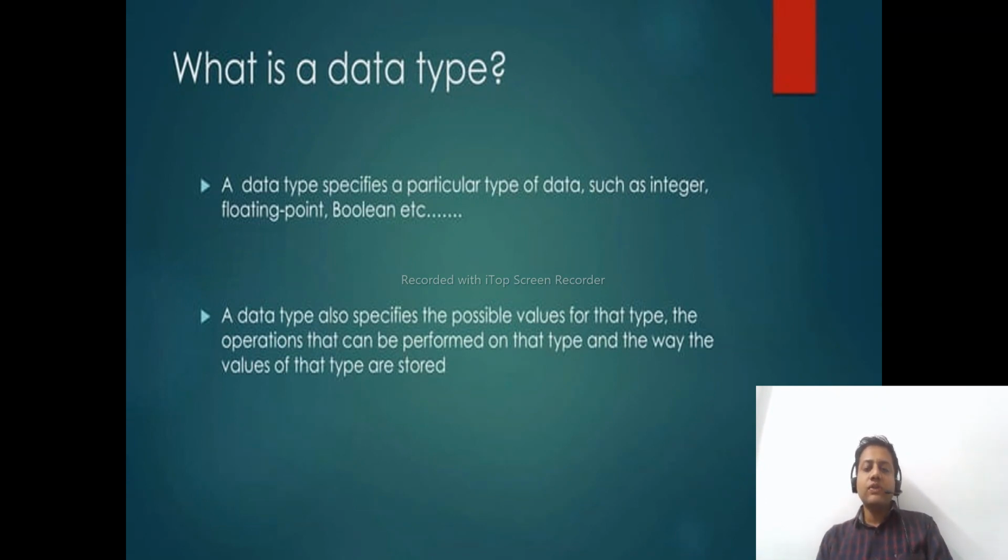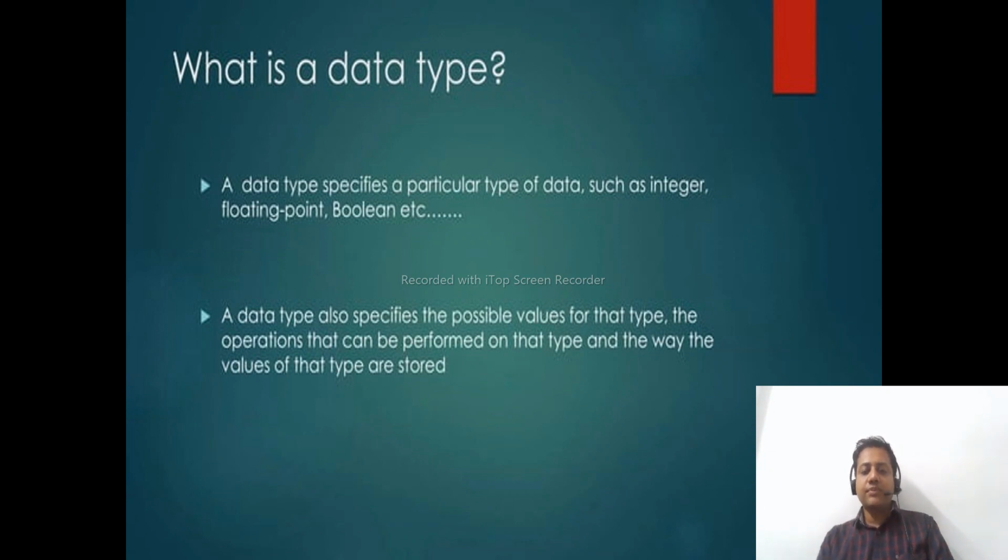SQL will show an error if a value other than an integer is inserted in that particular column. So this will ensure that the correct type of data is entered in each and every row. Different RDBMSs support different types of data, but here we will specifically discuss MySQL and the various data types in MySQL. Okay, so let's start one by one.